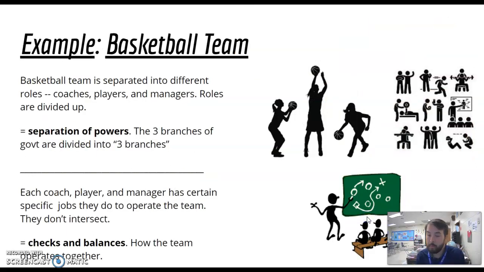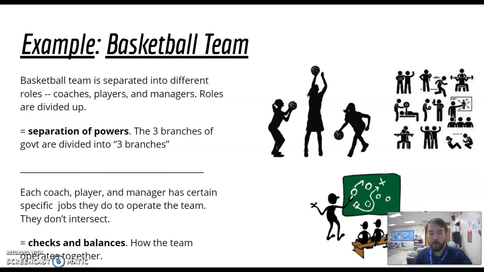An example would be basketball. On a basketball team, it's separated into different roles. You've got coaches, you've got players, and you've got managers. They all have defined things that they do. They've separated the power into 3. Each of them has a defined role. That is the separation of powers at play there.